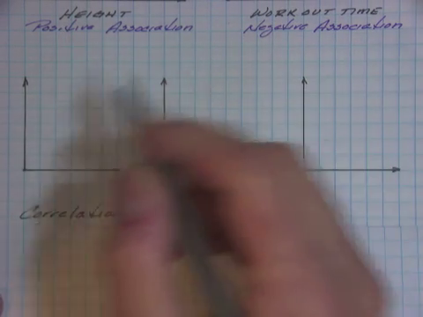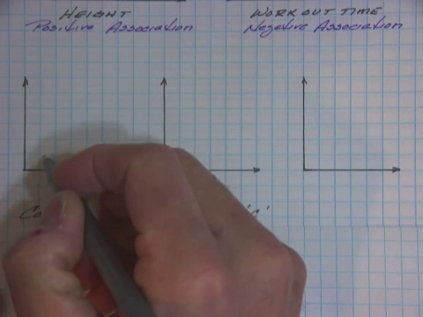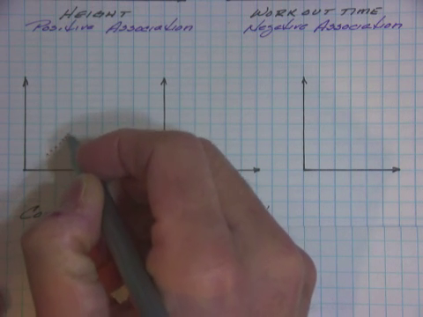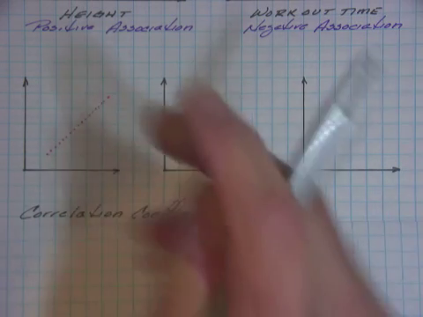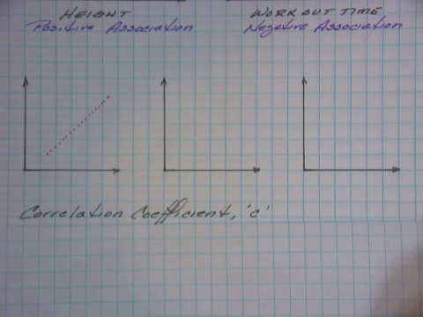Let's just switch colors for fun, make it Technicolor. If you do a data collection and you get points that actually do form a straight line, and when you're doing science, the chances of you getting a straight line are pretty minimal.